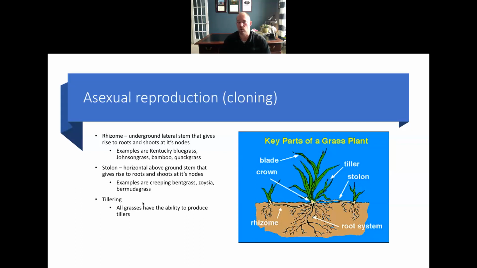These are all forms of asexual reproduction, meaning that the plant is cloning itself. Okay. These are genetically identical. All tiller, stolon, and rhizome derived daughter plants are all genetically identical to the mother plant. This is not a sexual reproduction.